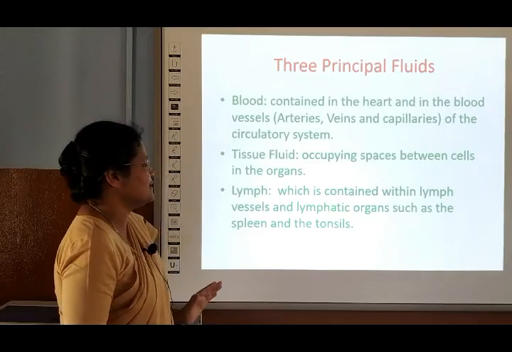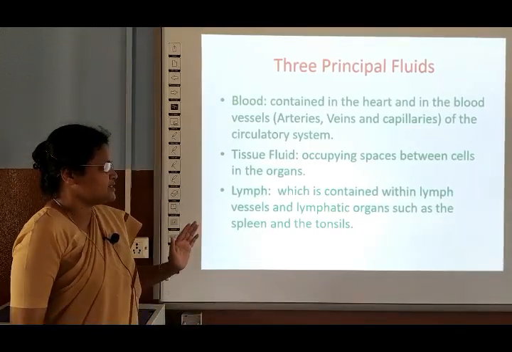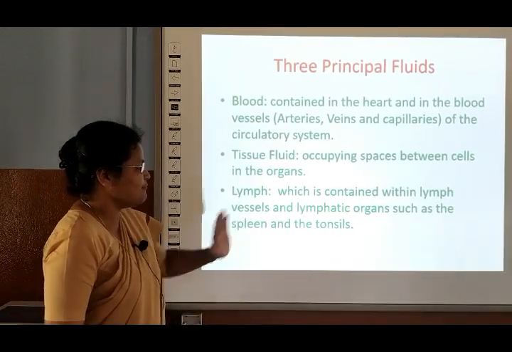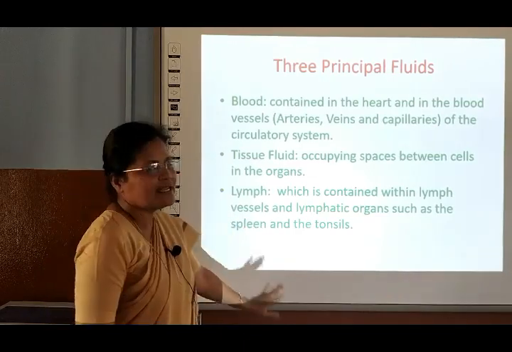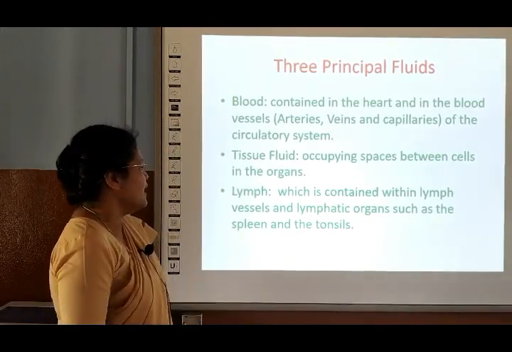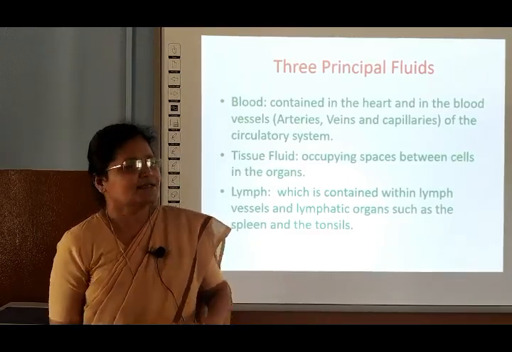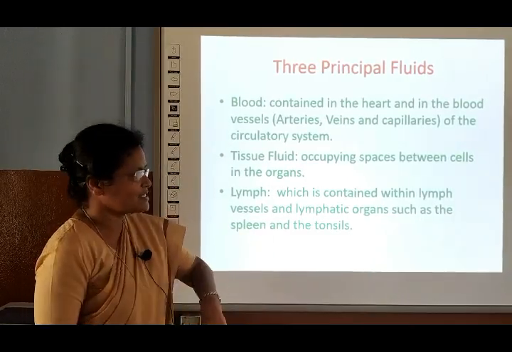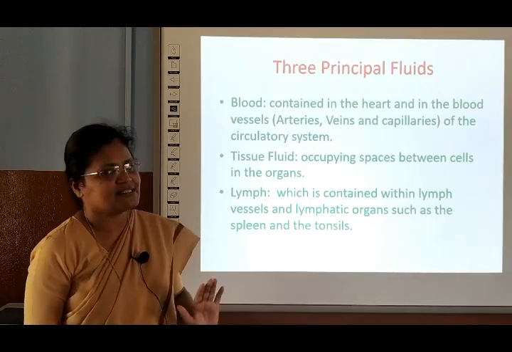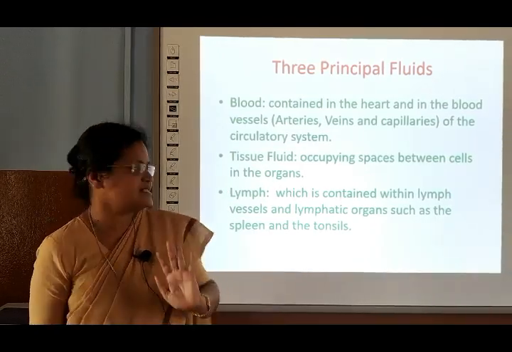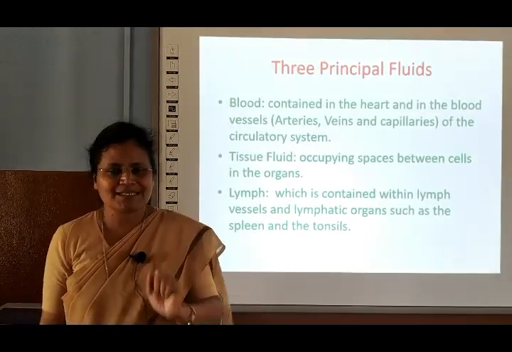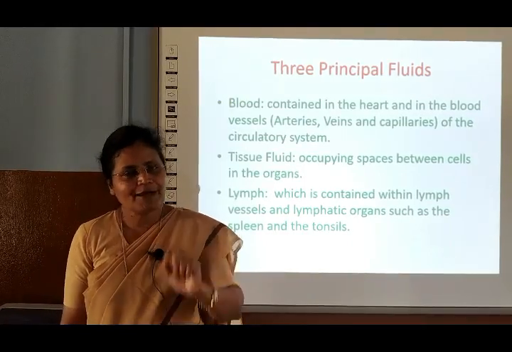Then lymph is contained within the lymph vessels and lymphatic organs such as the spleen and tonsil. I will explain what lymph is after I finish the circulatory system, then you will understand. If I explain it now, you will not understand, but for now understand this much: it is a fluid present inside the lymphatic vessel.